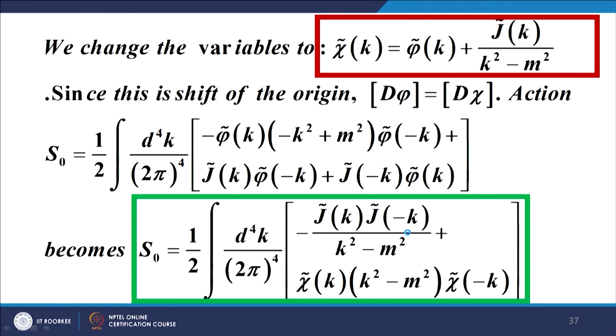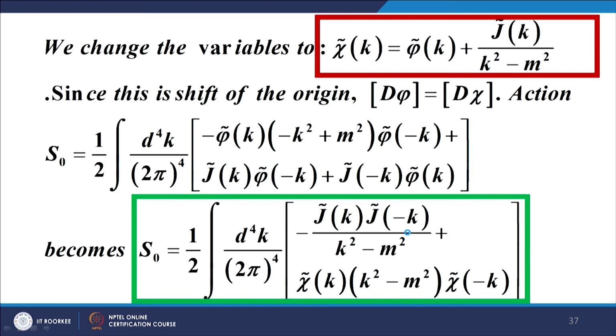We introduce a change in variables given by the expression in the red box. Chi tilde of k is equal to phi tilde of k plus j tilde of k upon k square minus m square. We introduce this change of variables. It is essentially a shift of the origin, and therefore, the path integral measure over phi is the same as the path integral measure over chi.